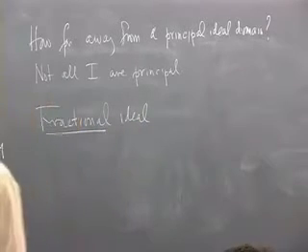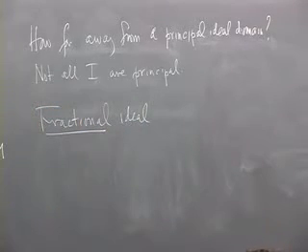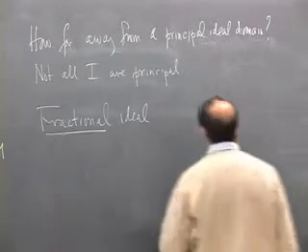Peter, did you do fractional ideals last time? Okay, I'll do fractional ideals, but this is similar to what Peter did to get to a notion of a group. A fractional ideal is a generalization of an ideal.